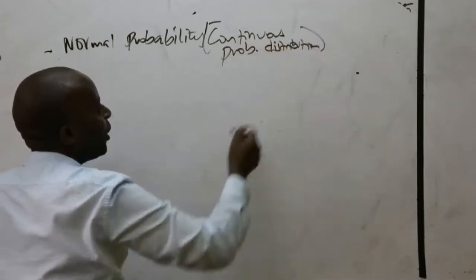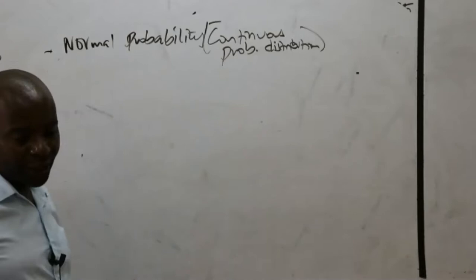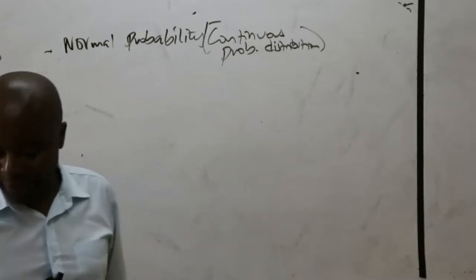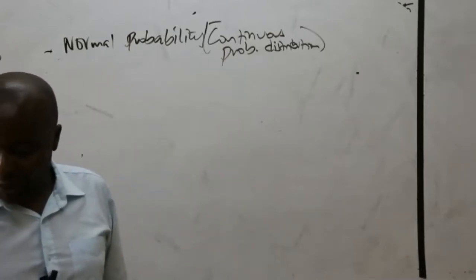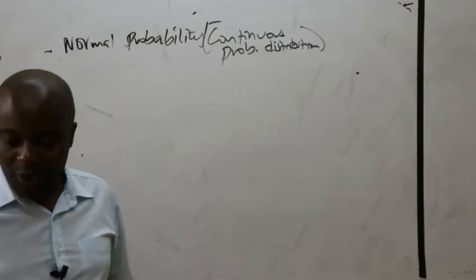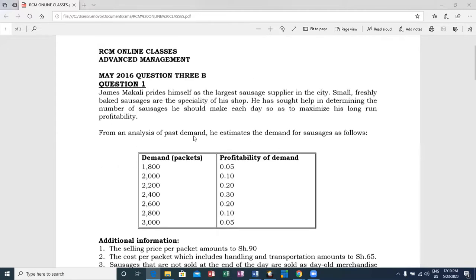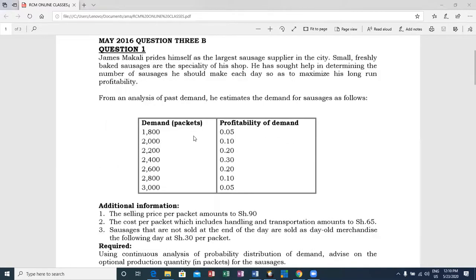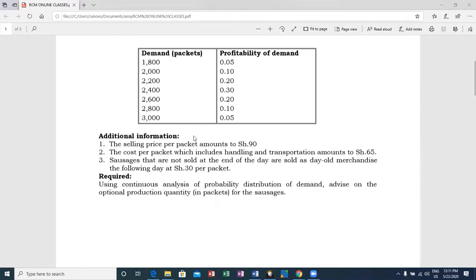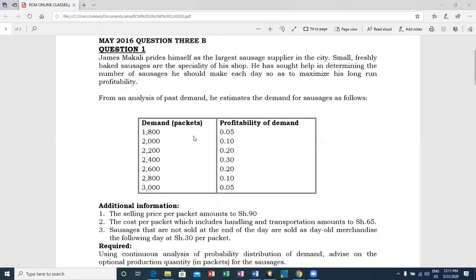If you look at this question, the requirement part, please go to the requirement of this question. Many students did this question using the interpolation method, and anytime we saw a student doing it using interpolation, we gave very few marks. Why? Because the examiner required, look at the required, using continuous probability distribution of what?